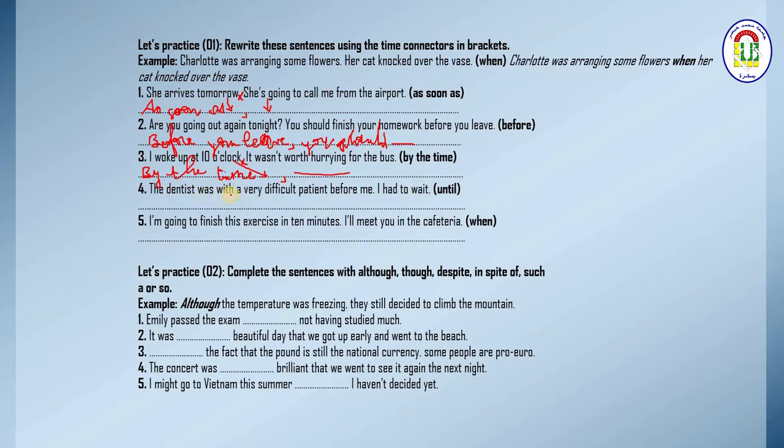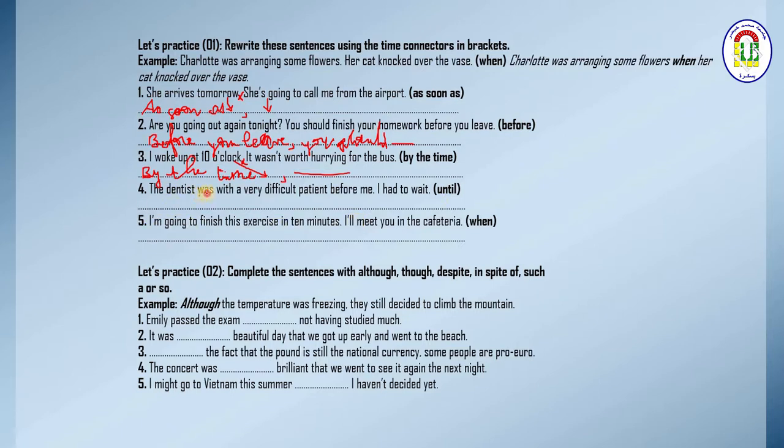The dentist was with a very difficult patient before me. I had to wait. So "until" does not fit with it at all, and of course we can guess that there are some errors in this sentence. So we don't say "until." I can use another thing: "I had to wait until the dentist finished with a very difficult patient before me."